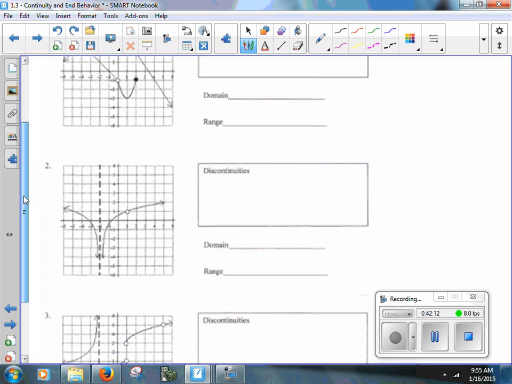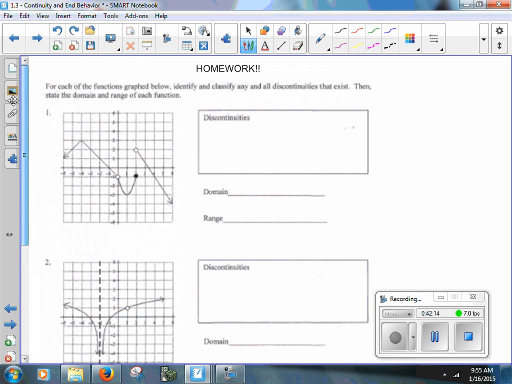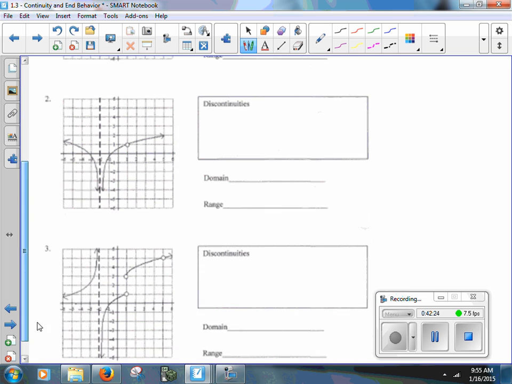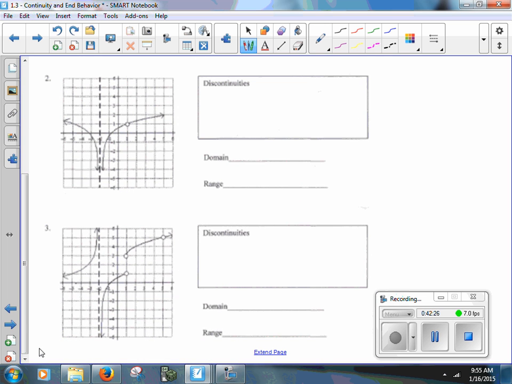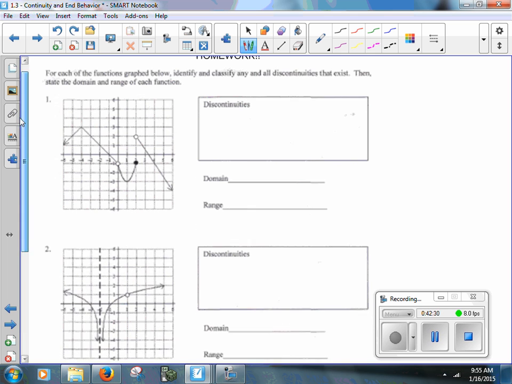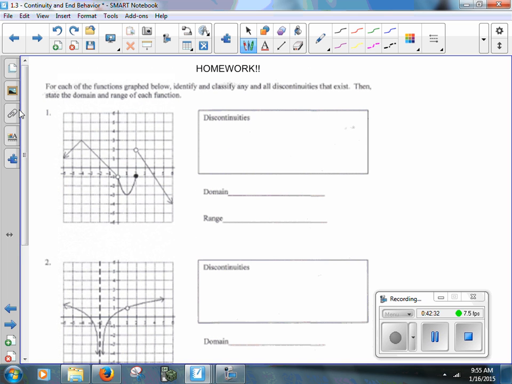Okay, this is what I want you to do. You see this page right here? You got these 3 problems that you have to do for homework, and look what it's covering. I want you to name all of the discontinuities, because all 3 of these pictures have more than one type of discontinuity.